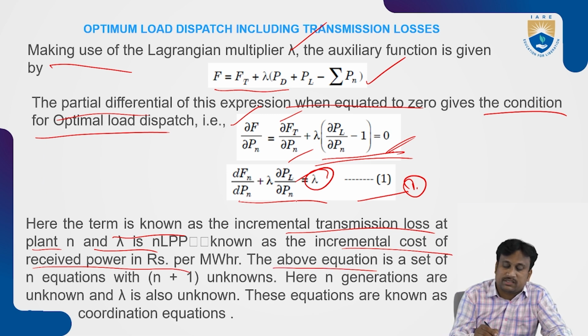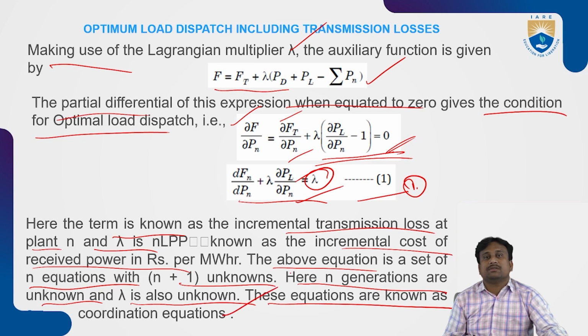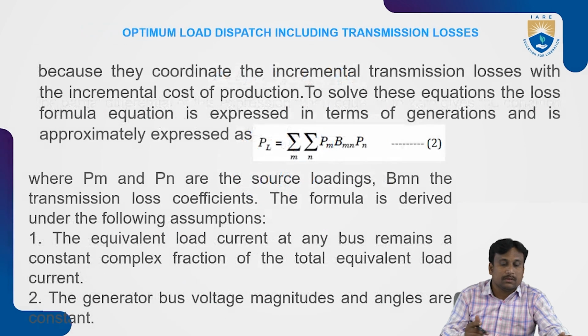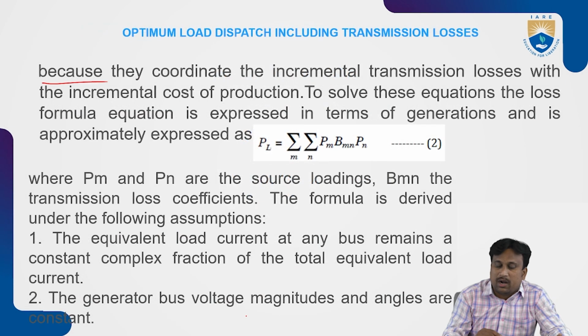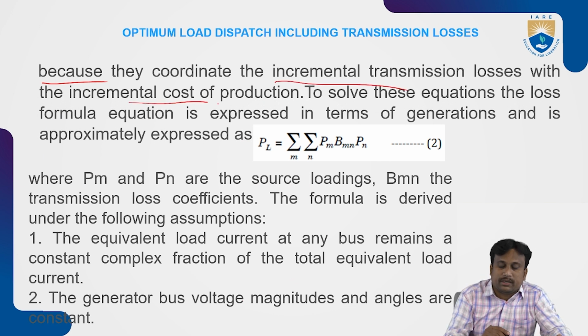The above equation is a set of n equations with n plus 1 unknowns. Here the n generator outputs are unknown and lambda is also unknown. These equations are known as coordination equations, because they coordinate the incremental transmission losses with the incremental cost of production.